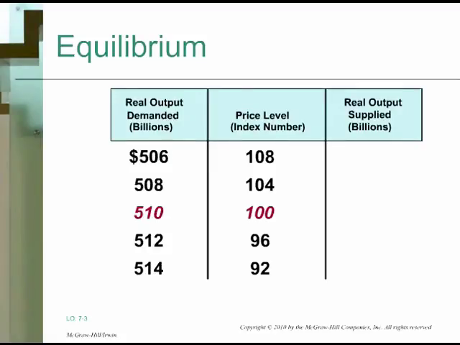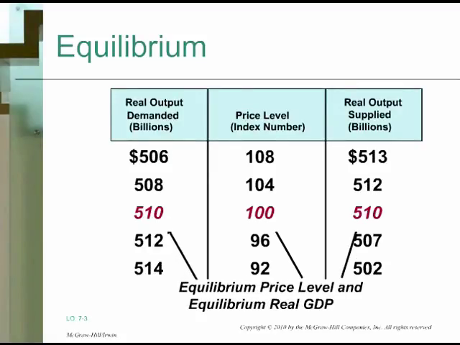When the price level goes from 108 to 92, real output demanded rises accordingly from $506 to $514 billion. The same change in the price level corresponds to real output supplied decreasing from $513 to $502 billion. Equilibrium occurs at a price level of 100, at which both output demanded and output supplied are equal to $510 billion.